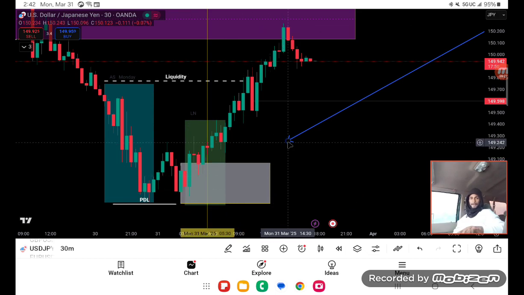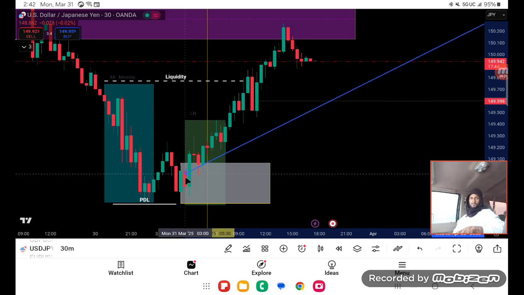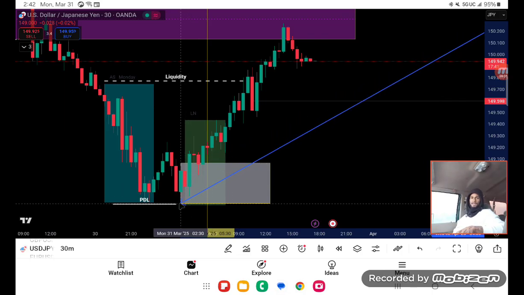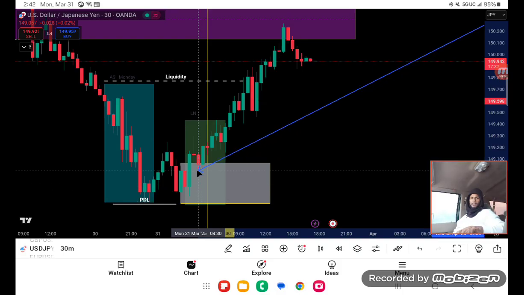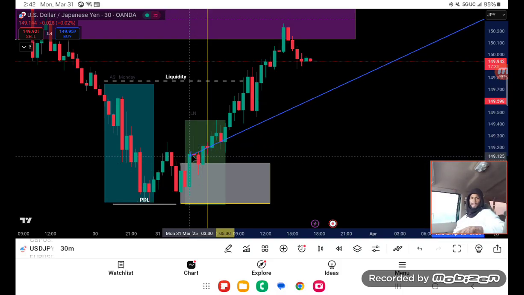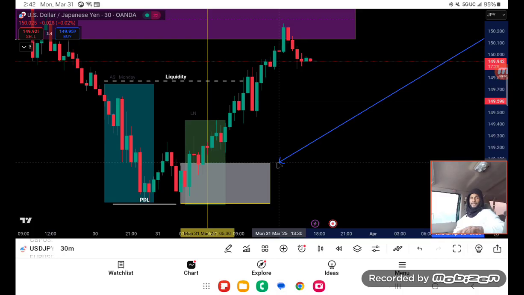The demand that created the low of the day, which would initially be this sell to buy, this red bearish candle that took out previous day's low before displacing higher with this bullish engulfing candle. Okay, so that's my demand.